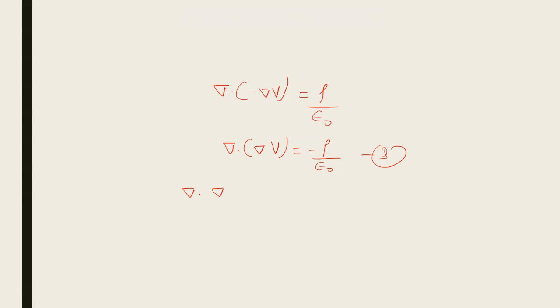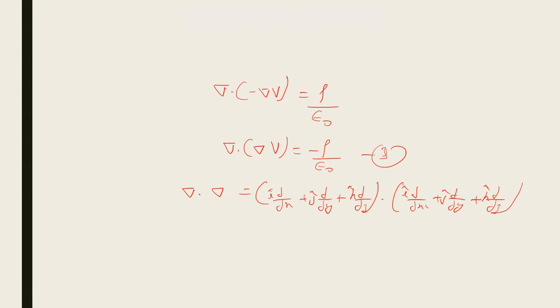Now what is del dot del? This is i cap d by dx plus j cap d by dy plus k cap d by dz dotted with i cap d by dx plus j cap d by dy plus k cap d by dz. If you do the dot product, you will get d square by dx square plus d square by dy square plus d square by dz square.